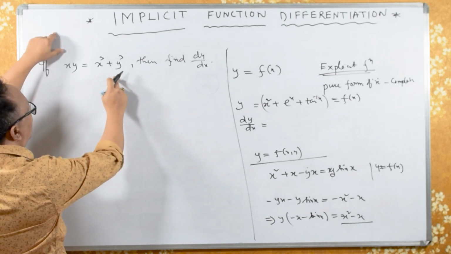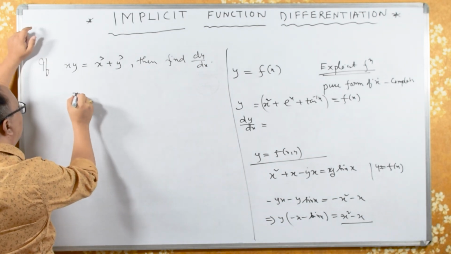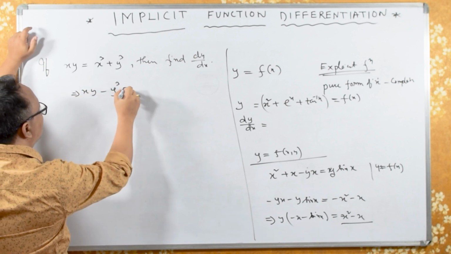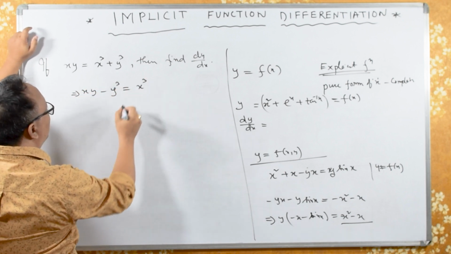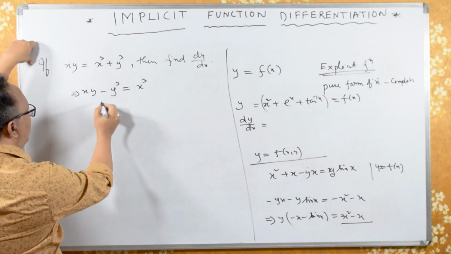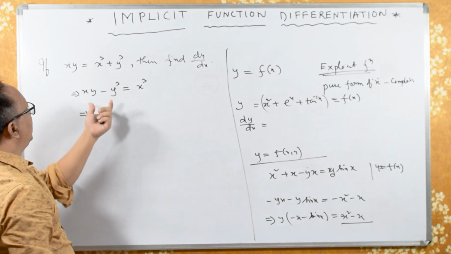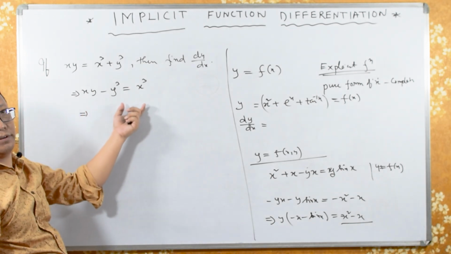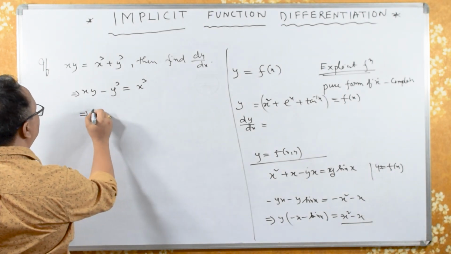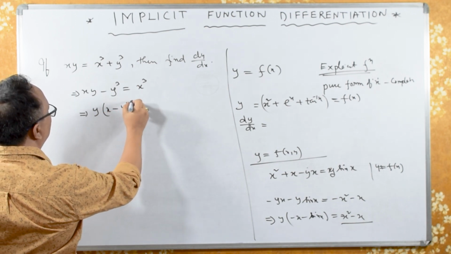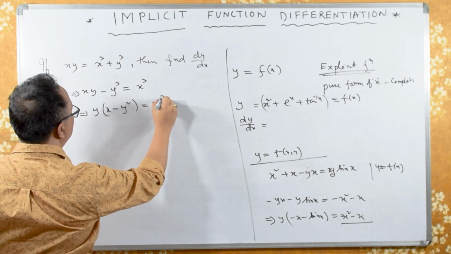Now if I bring y cube to this side, xy minus y cube equals x cube. If I take y common, it is still mixing. Taking y common, y times x minus y square equals x cube.